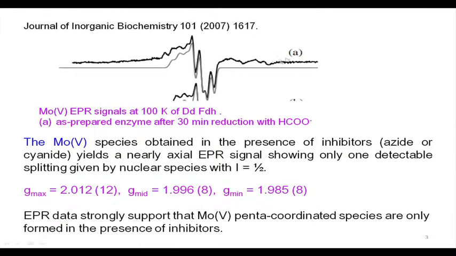So, this particular signal we are discussing, only one example is taken from this paper, and this particular signal basically, is from the p-paired enzyme after 30 minutes of reduction with this formate anion. So, it is basically the center where you have incubated with the formate anion, and this formate anion is giving rise to the generation of the carbon dioxide.